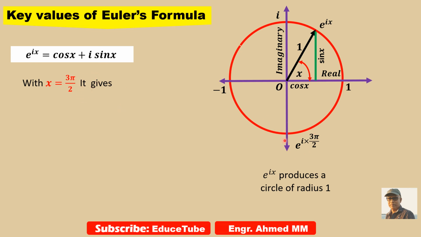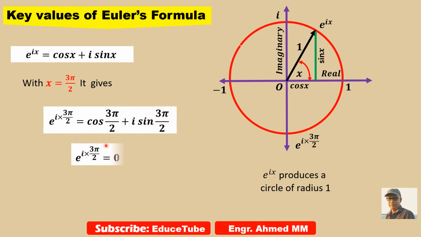I mean, we are here, 3π/2. So this is also another key value of Euler's formula. So what will you get?